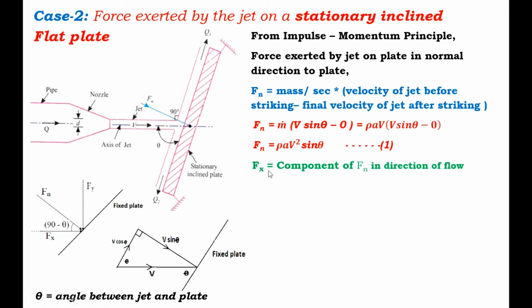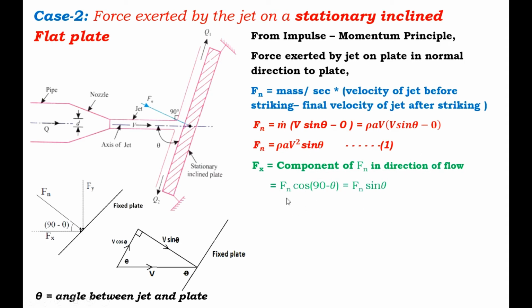Now to find out the component of Fn in the direction of flow, that is in the x direction, you can resolve this Fn force into the x direction. Fn cos 90 minus theta. Substitute the value of Fn from equation number first.